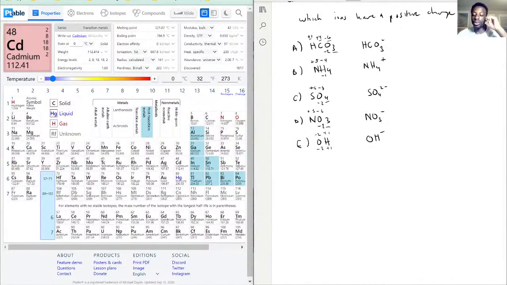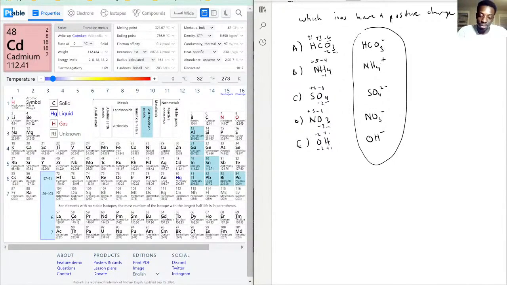Sorry about the earlier part, but the summary is that once you have this breakdown, by working through your charges, you can figure out which one it is. And you notice that the only one that would be positive is ammonium.